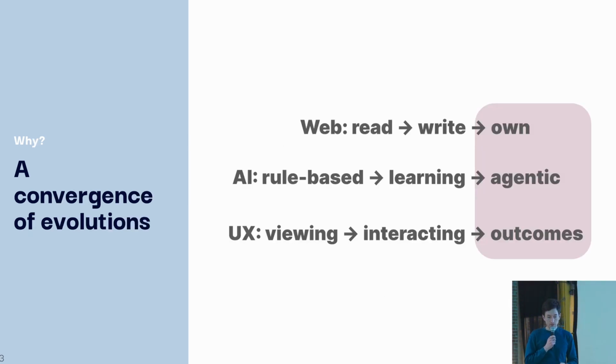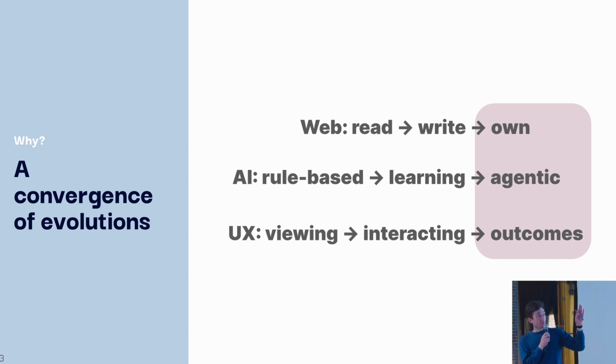Now, before I get into the specifics, I always like to talk about this slide lately because I really think we're at a pivotal point when it comes to autonomous agent experiences. So firstly, we have obviously the web, and all of us in this room had to do this test of basically knowing that there's read, write, and own.